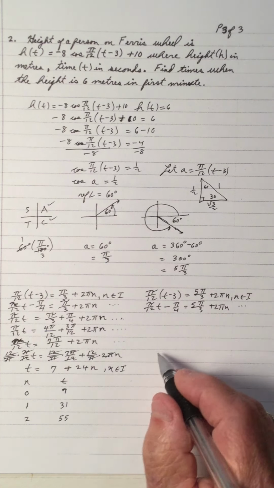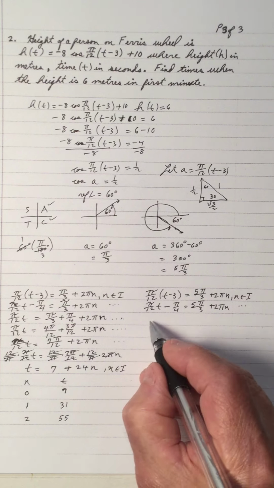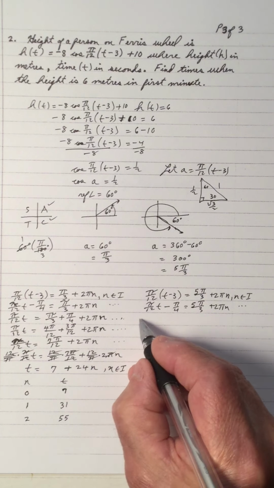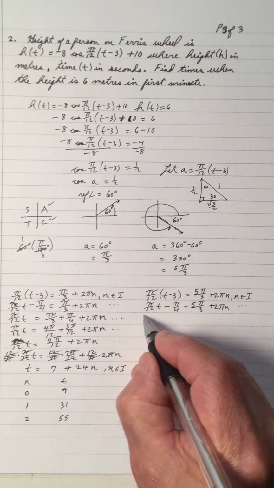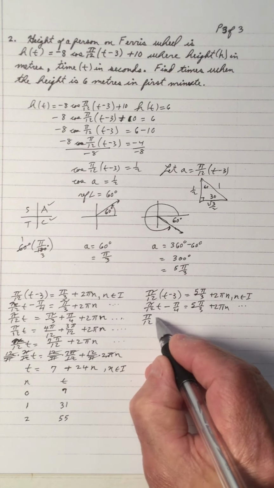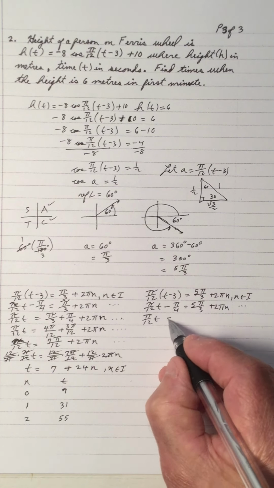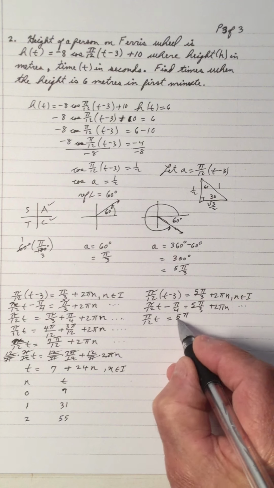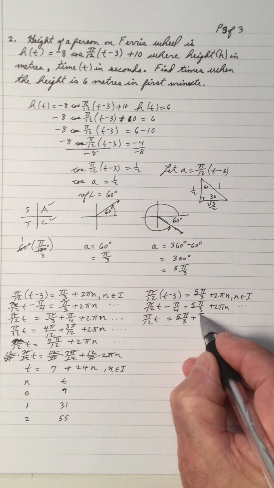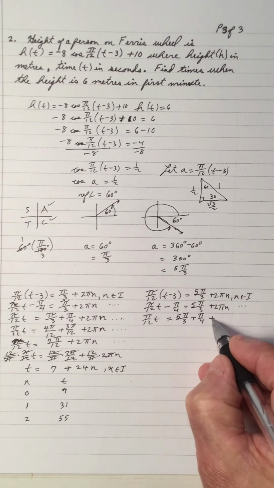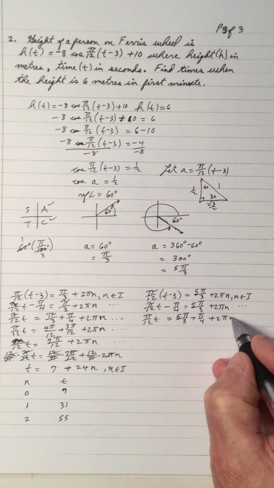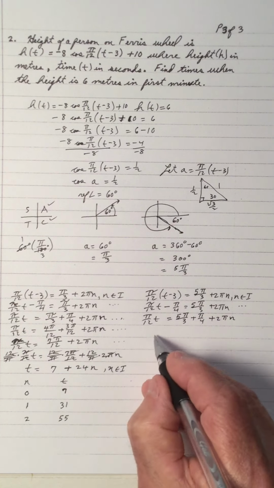And again, that belongs to the integers. And again, we have to move the pi over 4 to the right side and make it positive. So you can see it's just being mechanical now with your algebra.